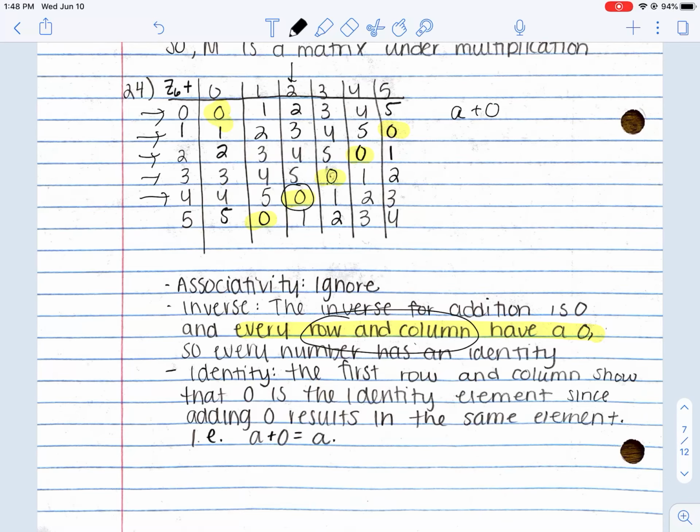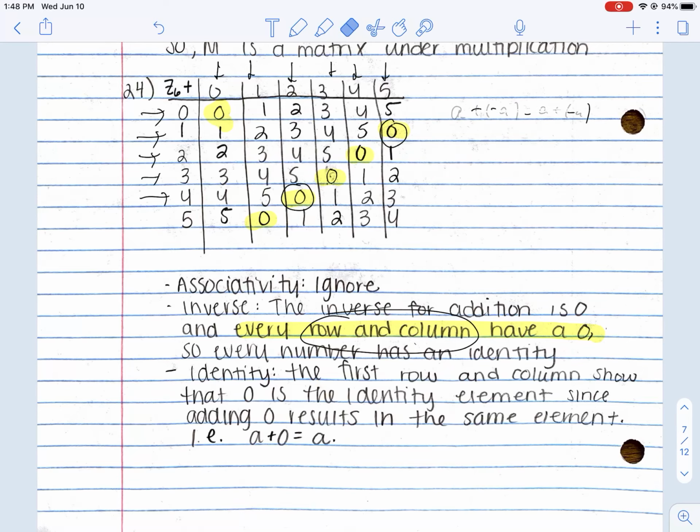So that's kind of the a plus 0 angle on it. But if you look at the column as being a, then I would say, 5 does have something, namely 1, plus 5 gives me 0. So that's kind of asking, is there something I can add? Sorry, that would be like a minus a. That would be like something I can add to 5.